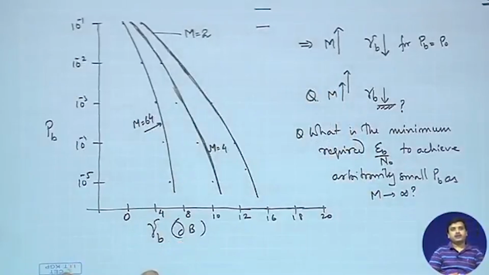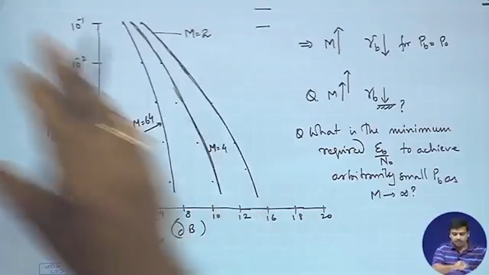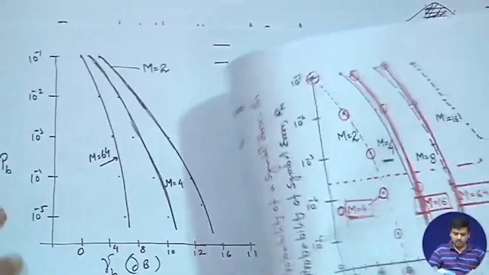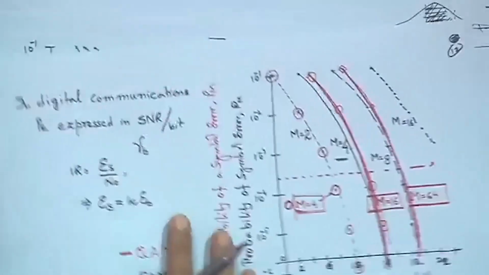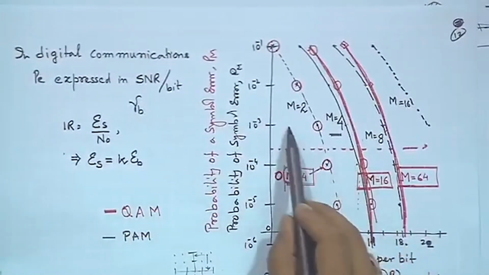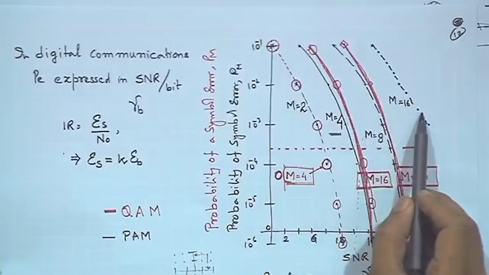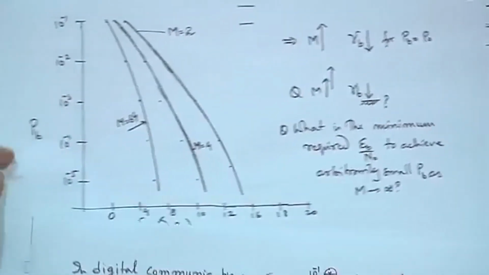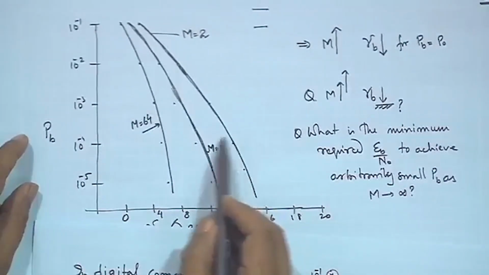You might remember that when we discussed probability of error for PAM-like signals, we had a situation where, as m increased, you were going to the right, whereas in this case, as m increases, you are going to the left.